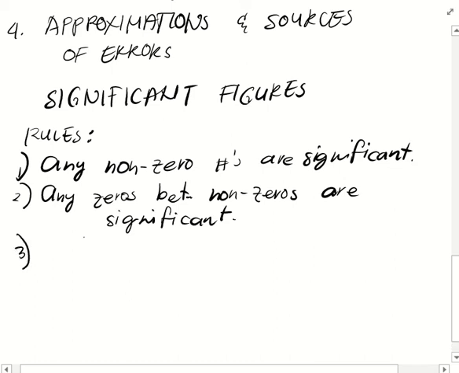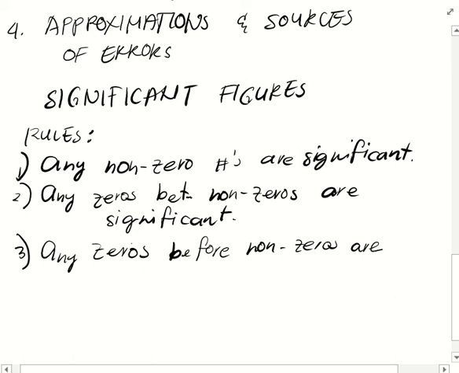The third rule: any zeros before non-zeros are not significant.